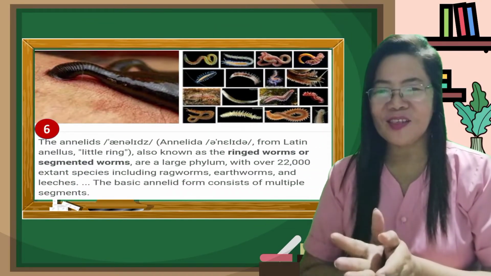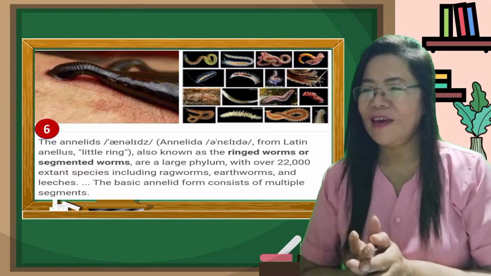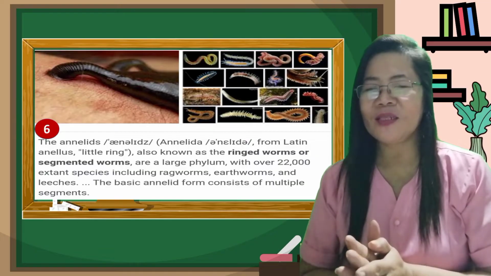Okay, next, the sixth group of invertebrates are annelids or the segmented worms.